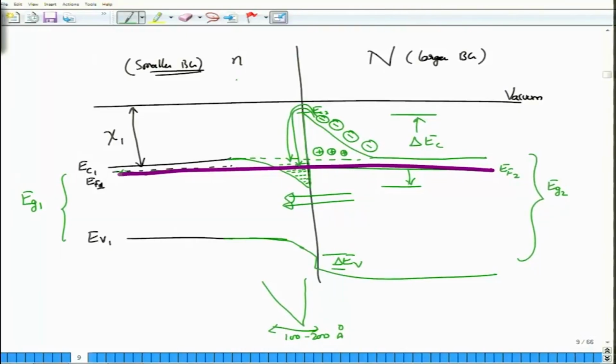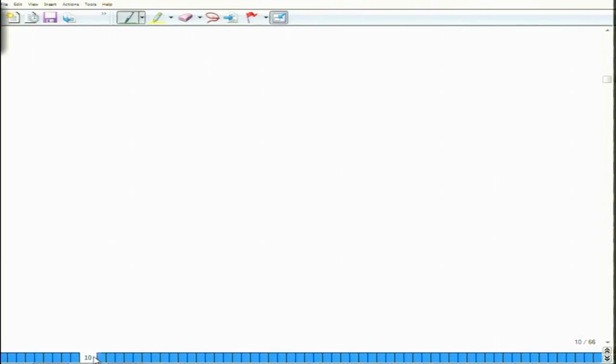Now, this was between N and P, but most junctions actually involve a small p and a capital N region, or a small p and a capital P region. I am going to just write down the small p and the capital N. Okay. The difference here now is that the vacuum level actually starts to bend.